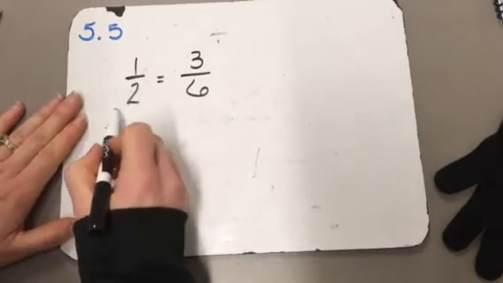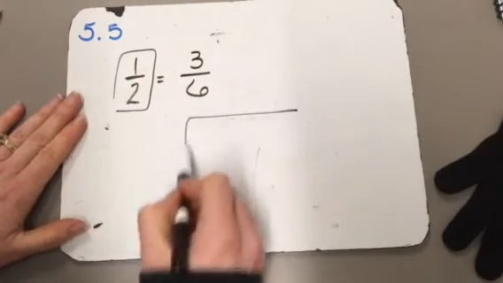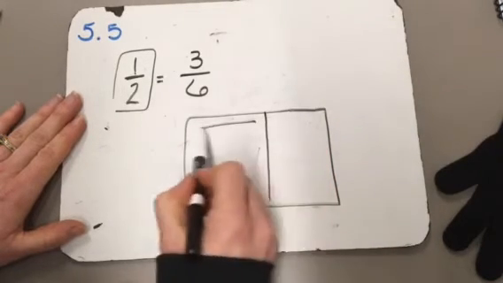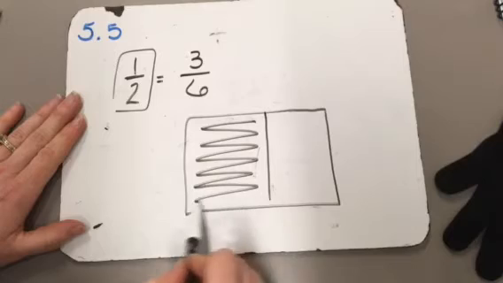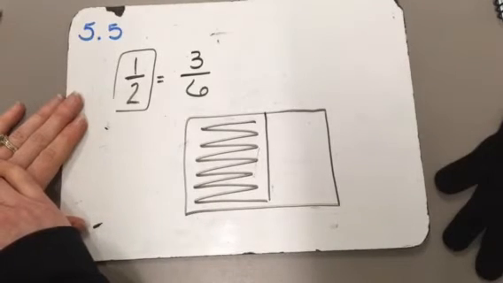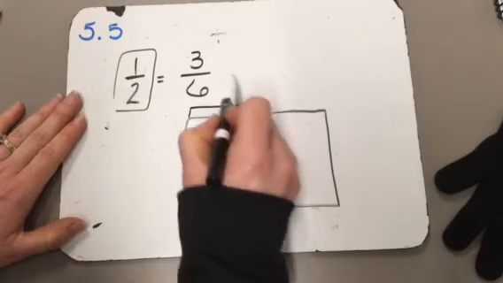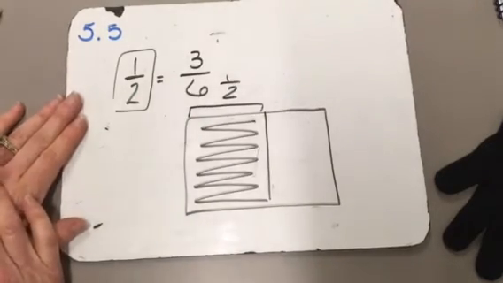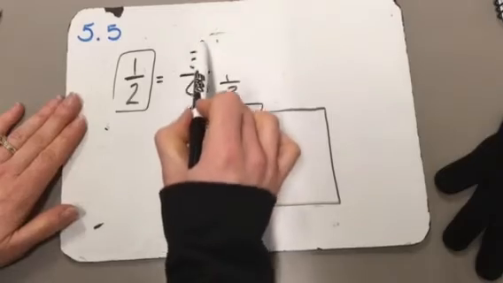What we're going to do is create 1/2 first. I can label it as 1/2. And then I say to myself, 3/6. So here's my numerator.